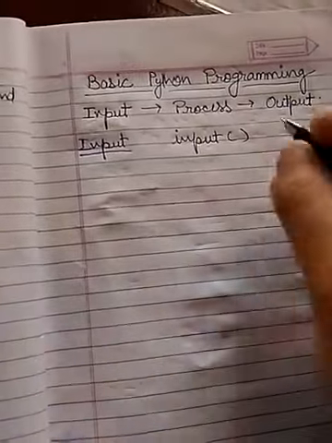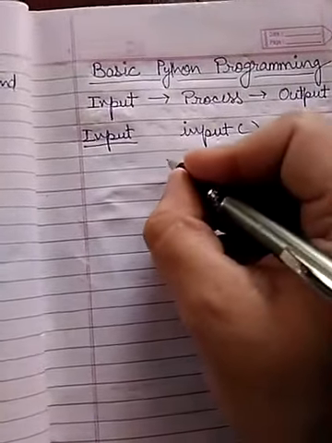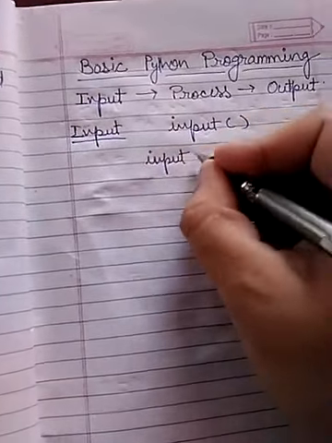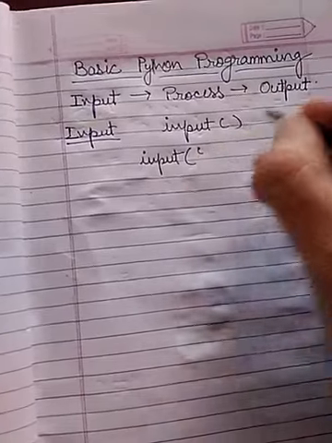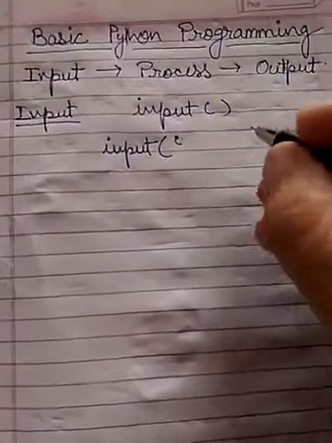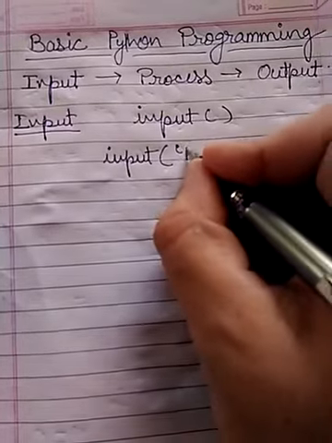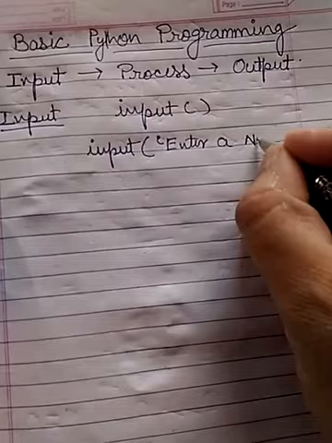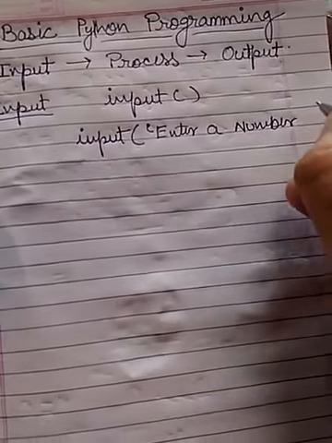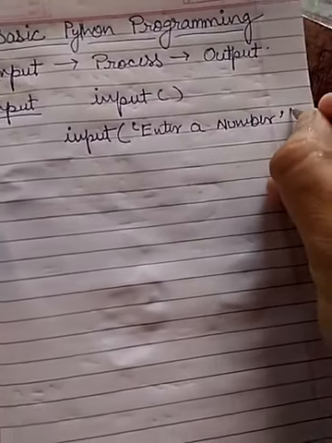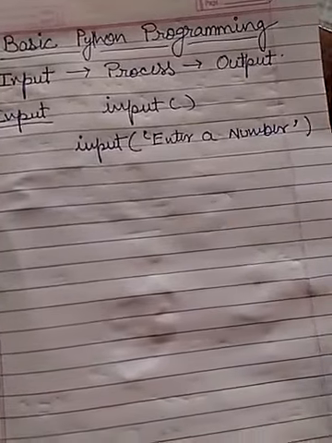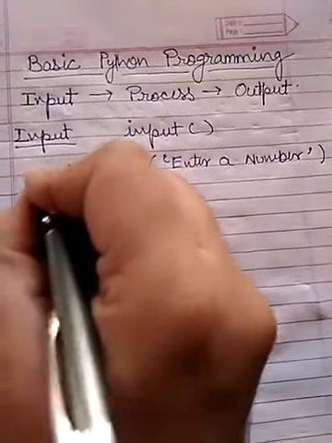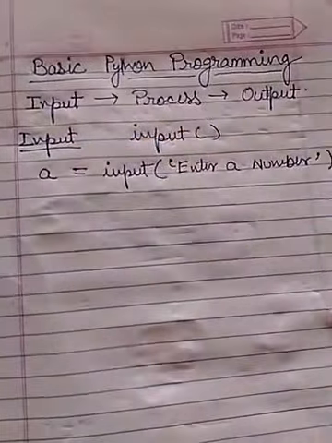Suppose I am reading a number, then I have to write the command in this way: input, and in quotes whatever message you want to display on the prompt. Suppose I am writing a message for the user: enter a number. This is the message which I want to display on the screen, and whatever value the user will enter, I am storing in a variable, let us say a.